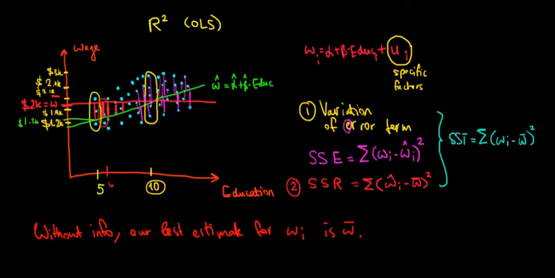Intuitively, I hope this makes sense, because the best guess is the wage that we would predict without having any information, and the actual observations that deviate from the best guess give the total variation in our model. Now what does the R square show us? The R square shows us what proportion of the total variation in the model is explained by the regression.